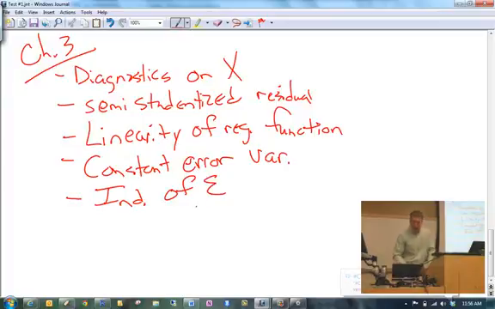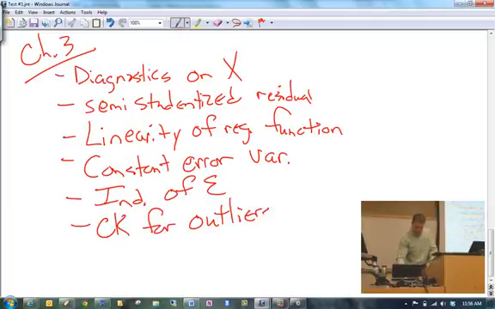Then we looked at how we can determine the independence of these epsilons. That's, again, an assumption of our model. Well, we do apply the residual versus time plot, for example. Also, we talked about how to check for outliers. Again, -3 to +3, but don't be too picky.